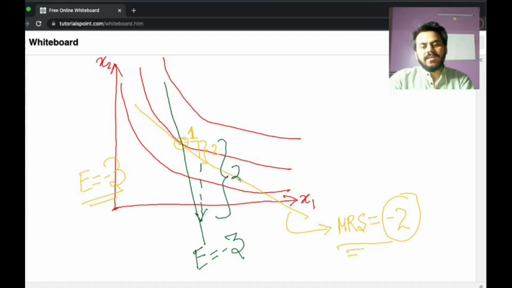Now don't take these diagrams to scale because obviously I have drawn a freehand diagram. In this case definitely you will be willing to move towards the upper direction, right?